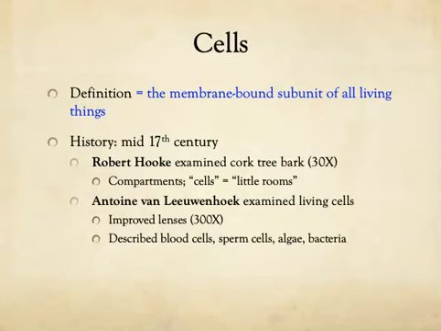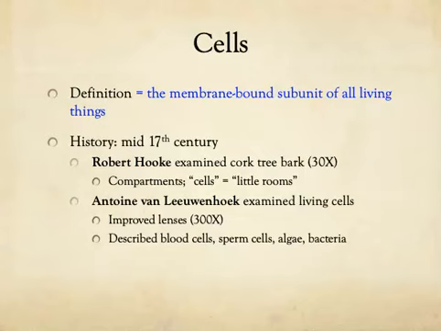Now, Leeuwenhoek was interested in Hooke's work and took it a step further. Leeuwenhoek was able to advance on the primitive form of a microscope that Hooke was using. He was actually able to develop a microscope that was capable of about a 300x magnification using better lenses.